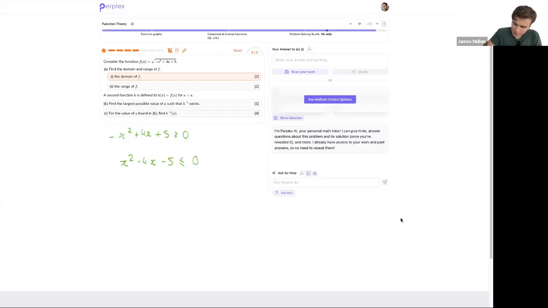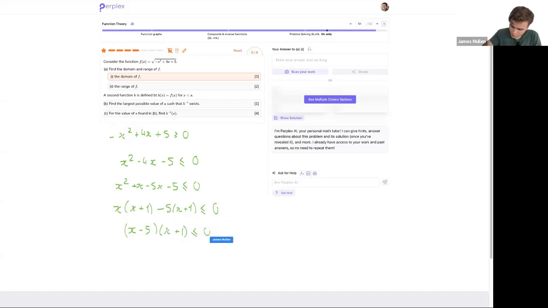And I'm going to factor this, so I'll do x² + x - 5x - 5 is less than or equal to 0. So this is x times (x + 1) minus 5 times (x + 1), (x - 5)(x + 1) is less than or equal to 0.